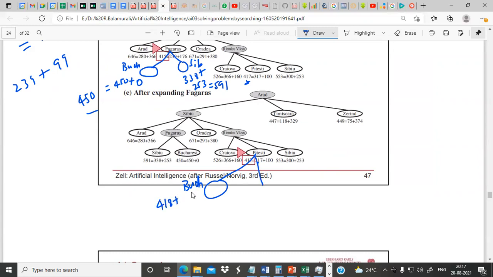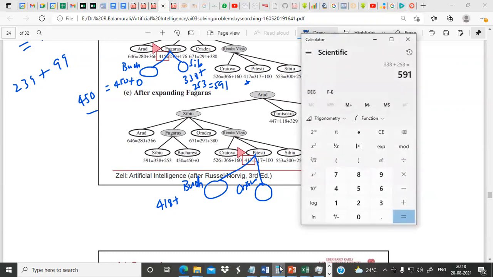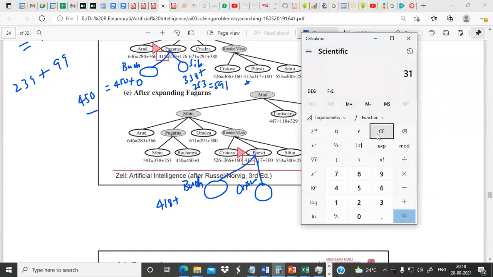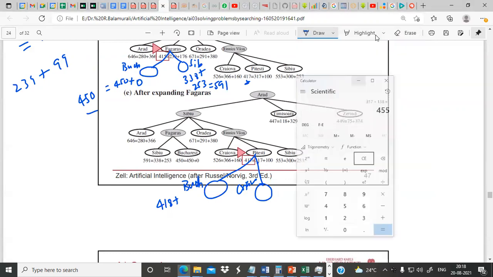Okay. Then what's the cost of reaching from Pitesti to Craiova? It is 138, but already what is the cost of reaching Pitesti? It is 317. Okay. So 317 plus 138, which is 455.